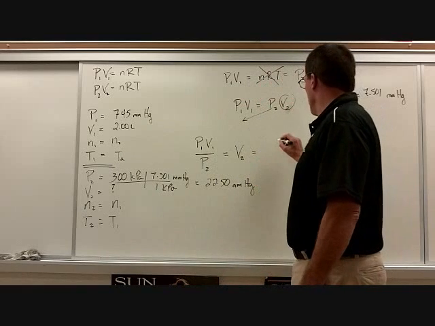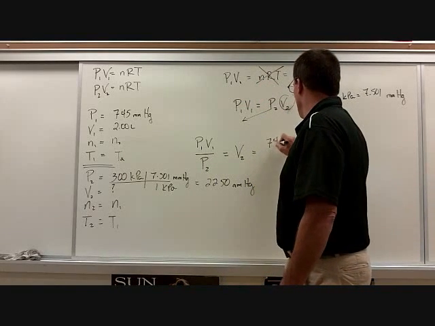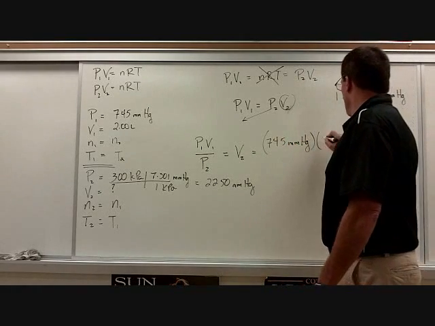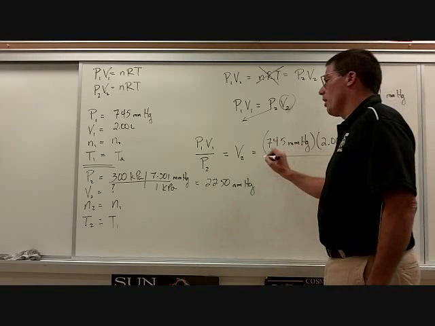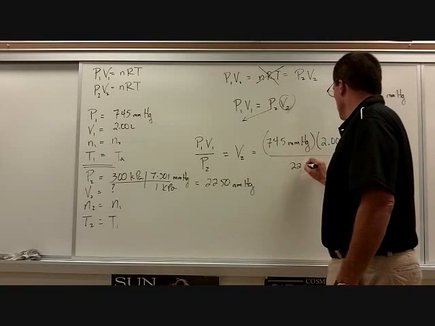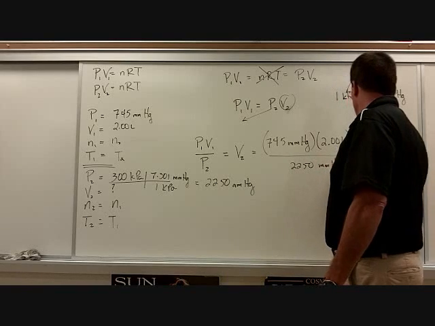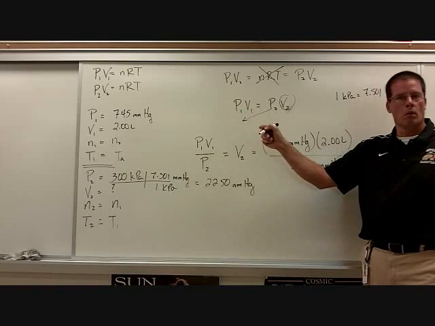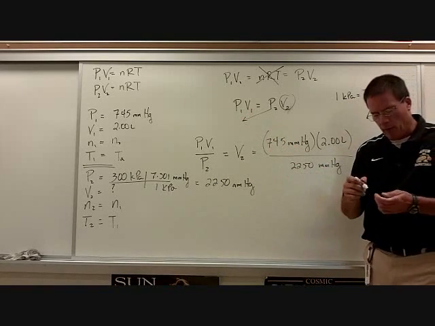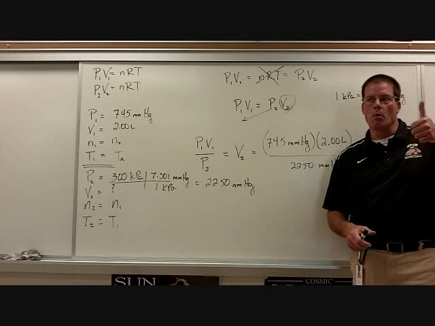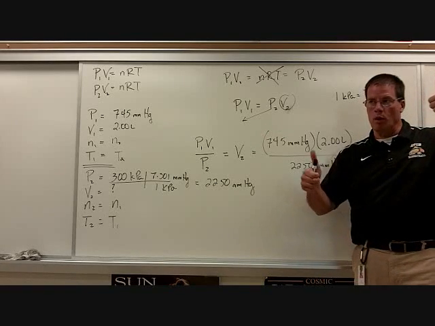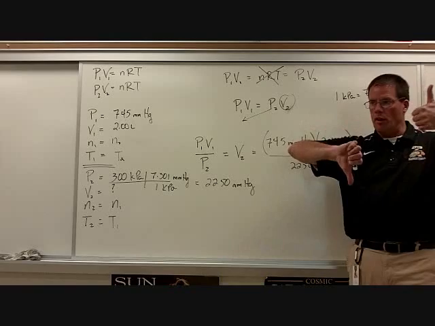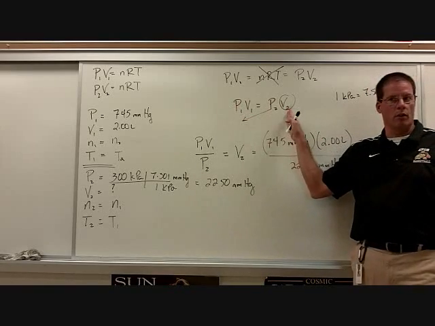All right, so let's go ahead and plug these in. So I've got 745 millimeters of mercury on top. My initial volume was 2 liters, and my final pressure was 2250. Now let's think about this. If I'm multiplying variables, like multiplying pressure times volume, and if I have a before and after situation, if the pressure goes up, what should the volume do? Should it go up as well? It's inversely proportional. So anytime we multiply variables, they're inversely proportional from before and after.